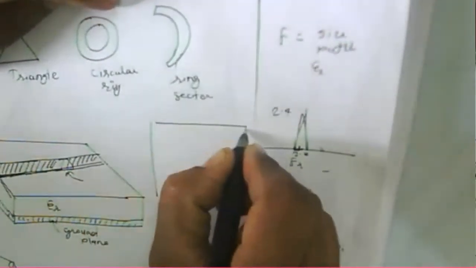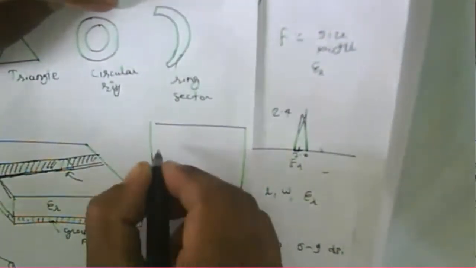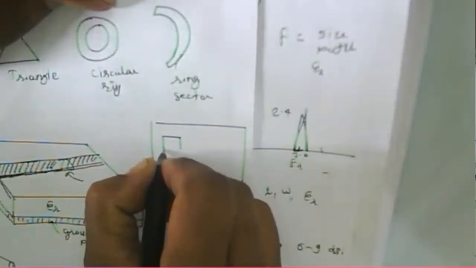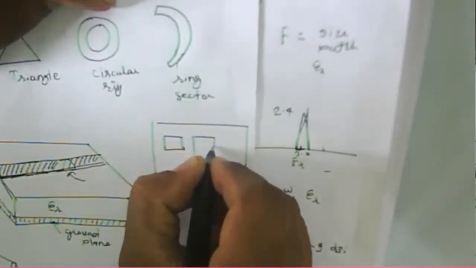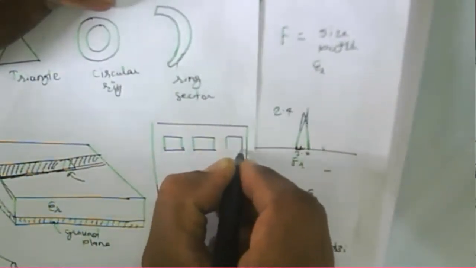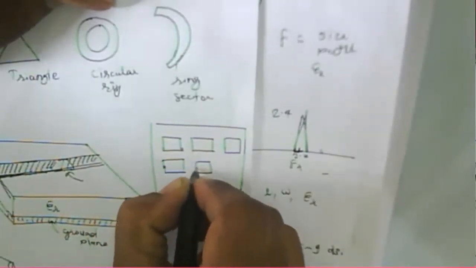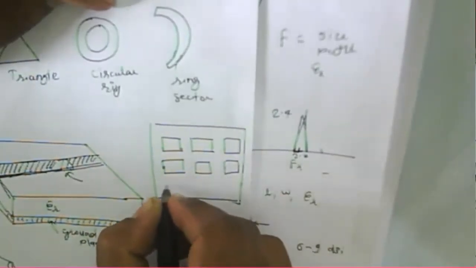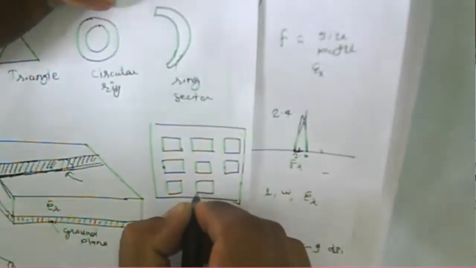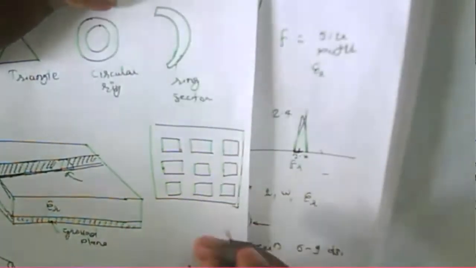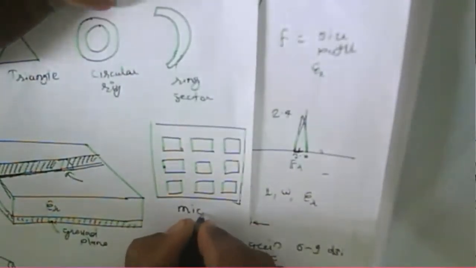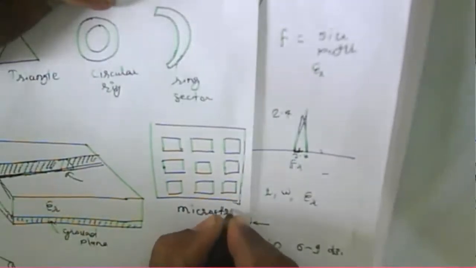Suppose this is your microstrip antenna with a square shape. We can develop multiple antennas using that same shape, and this is nothing but an array. This structure is called a microstrip array.